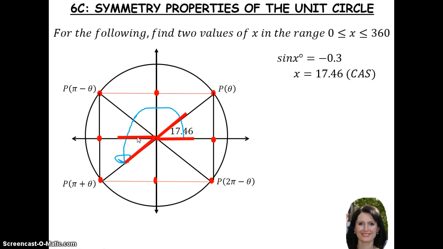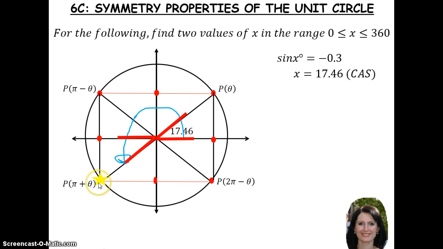Because we're dealing with degrees instead of radians, I'm going to have to say how many degrees it would be to get from 0 to pi. Well, it makes a straight line, so it's going to be 180 degrees. It's halfway around the circle. So it's going to be 180 degrees plus whatever this angle is here, and as we know, that's 17.46.